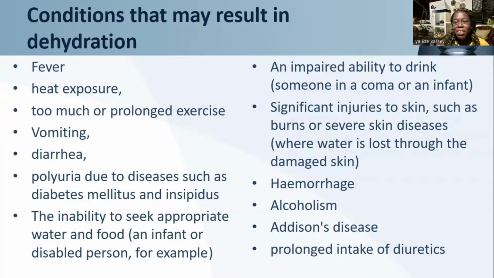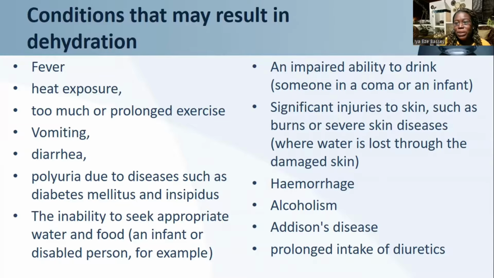When you have diarrhea, you lose a lot of bicarbonate-rich fluid, because of the pancreatic fluid that is being released. So you also have dehydration. Then polyuria means producing a lot of urine over time. So you could have polyuria due to diseases such as diabetes mellitus and diabetes insipidus.